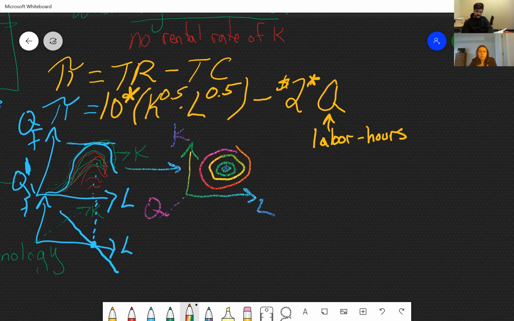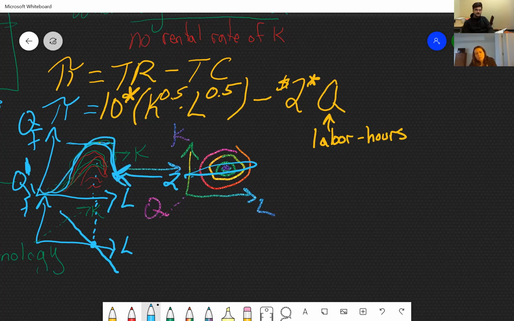And we want to try to find that peak of that mountain. And the way to find that peak of that mountain is we're going to take a certain cross section where K is equal to 2. And that's what we get right here, is the cross section when K is equal to 2.